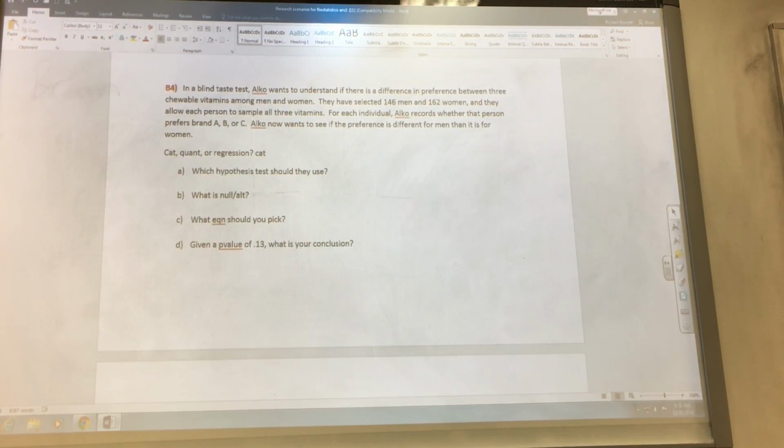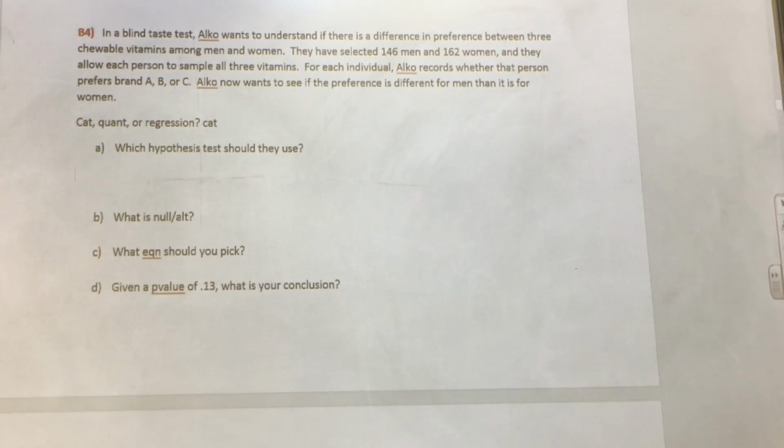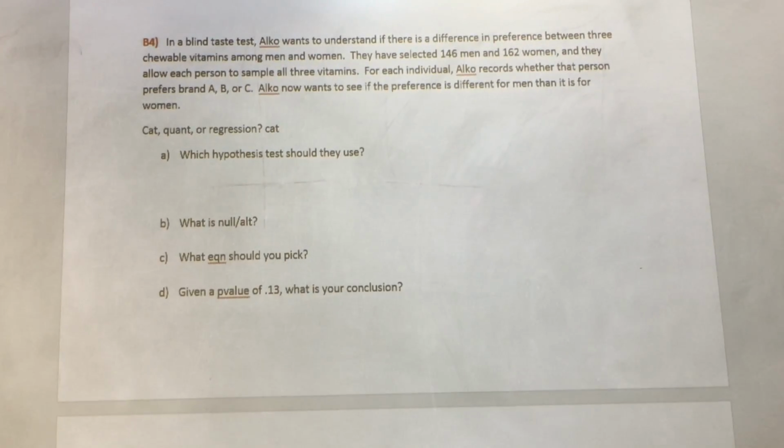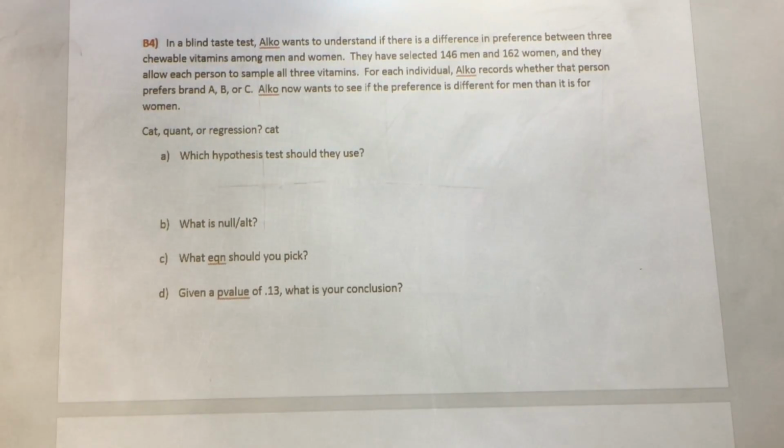Okay. So very good. Now it says what hypothesis test should they use? Let me give you some choices. Of all the categorical tests, what are your options?